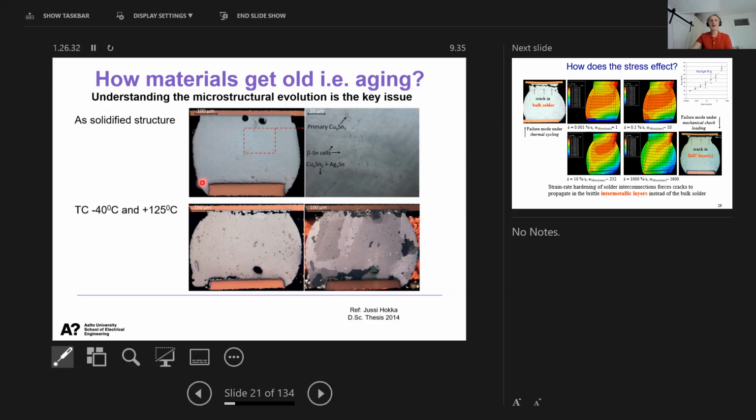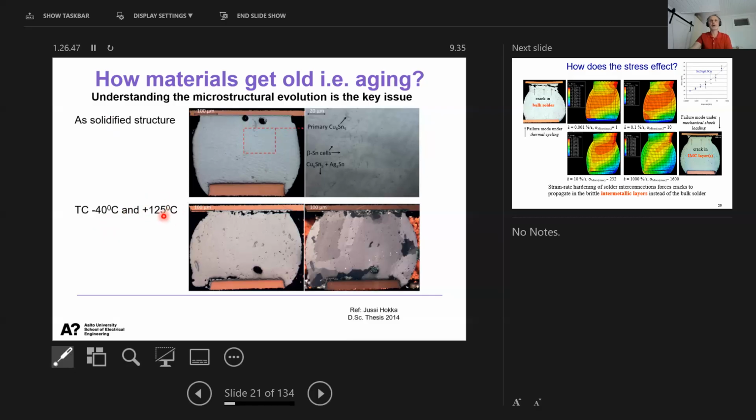But then after aging, in this case thermal cycling, the structure was cycled between -40 and +125 degrees centigrade.